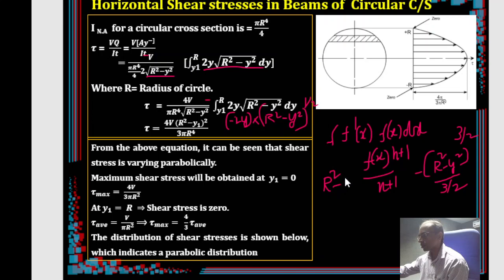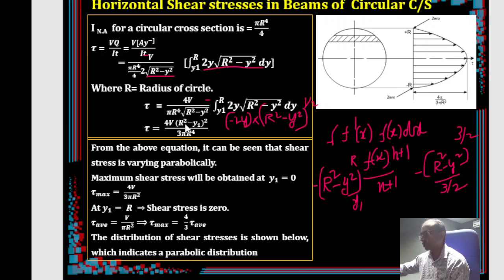So ultimately you are left with r square minus y square, with the limits of y1 and r. Of course, there is a negative in the beginning. So what you will be getting, upper limit will be 0, lower limit will be y1 square, so r square minus y square, because already one negative is there, within the integration one more negative, minus minus becomes plus.